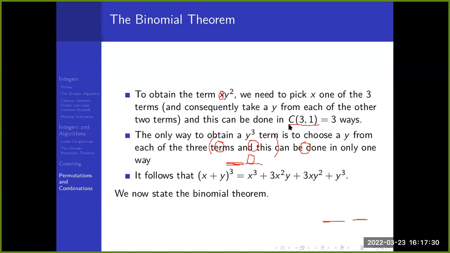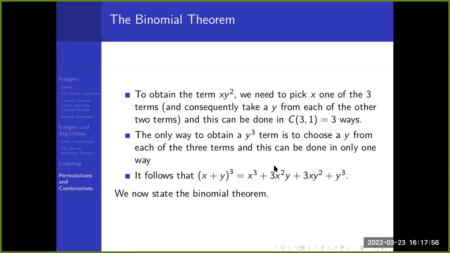So we continue again. We've seen that the number of ways this xy squared term can occur is 3. So the coefficient of xy squared will be 3. x cubed y, xy squared, and y cubed.